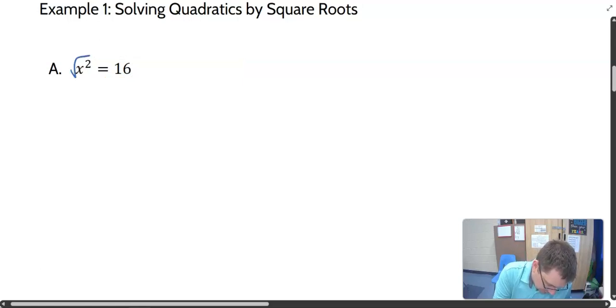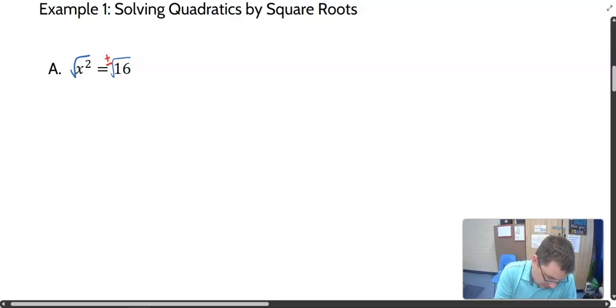And so I'm going to take the square root of x squared and the square root of 16. But when I take the square root of something that was squared, I have to account for both the positive and the negative answer that comes out of it. And so we use this positive or negative sign, or plus or minus, you might also hear it called.